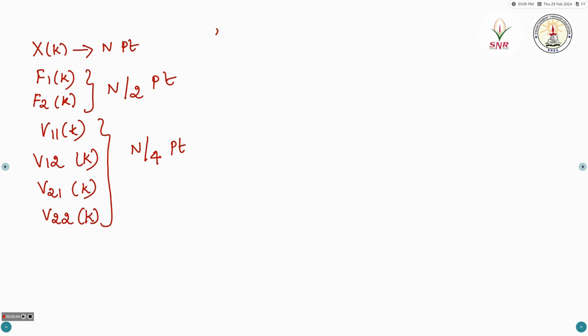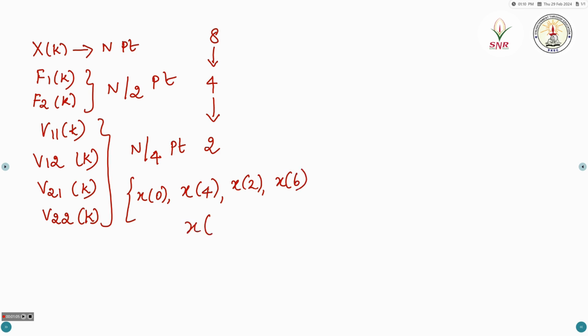So if you are having an 8-point DFT, it is split into 4-point DFTs and the 4-point DFTs are split into 2-point DFTs, in the reversed input order of x of 0, x of 4, x of 2, x of 6, x of 1, x of 5, x of 3 and x of 7. So this is the reason why we are reversing the input in the DIT algorithm.